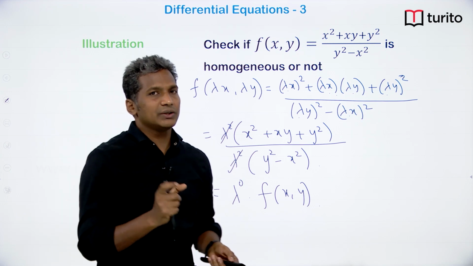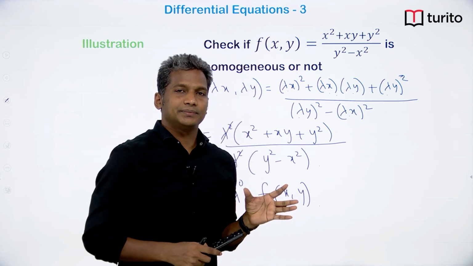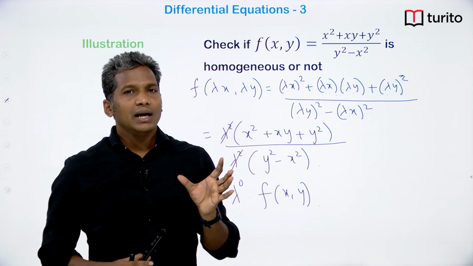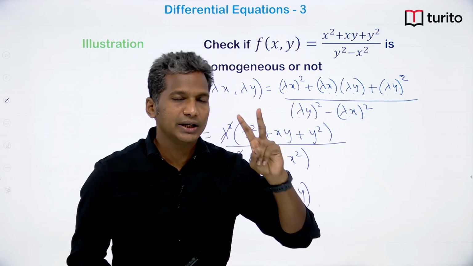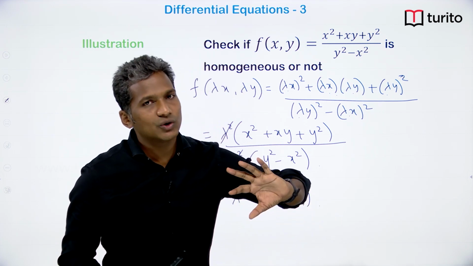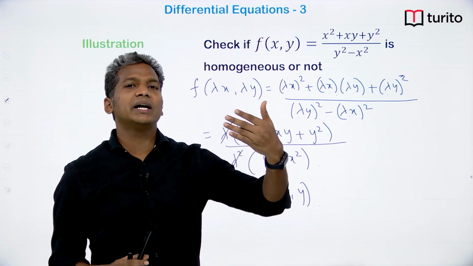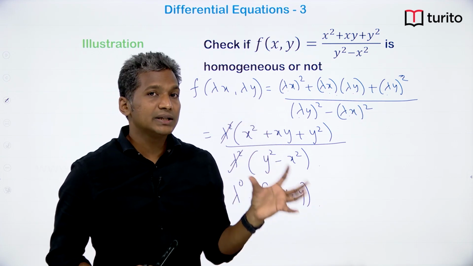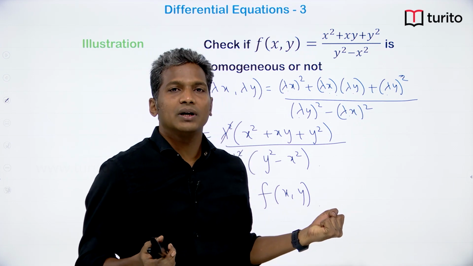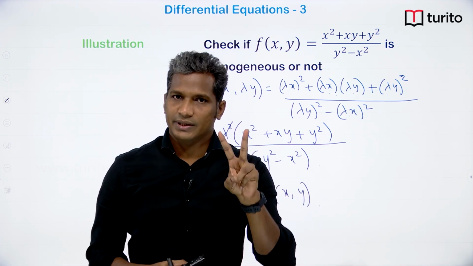Also, there is something that you can notice here. If you look at only the numerator, it is a homogeneous expression of degree 2, and if you look at only the denominator, that is also a homogeneous expression of degree 2. So, when we divide one with the other, the net result is also a homogeneous expression and the degree got cancelled. Now, there are two aspects here.